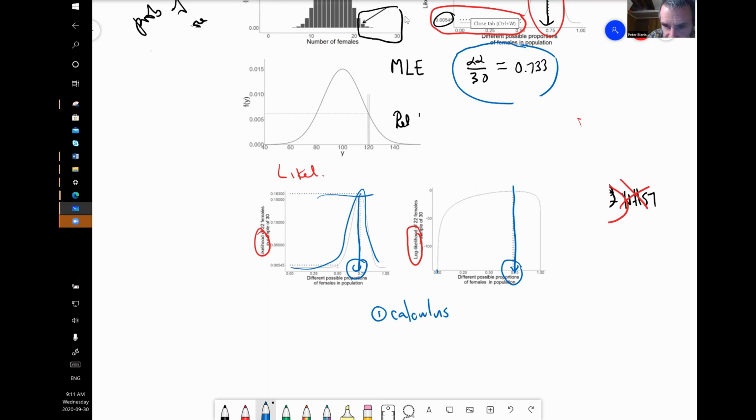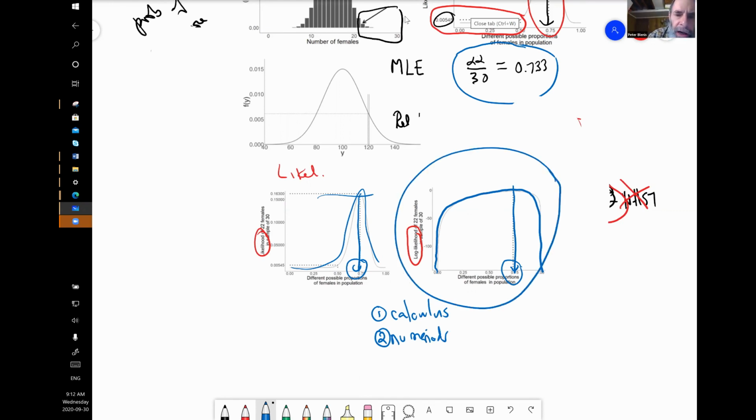So we actually find the mathematical function, get the first derivative, set that to 0, and find the maximizing value. The other way is just brute force numerical methods. Either way, it doesn't matter which way we use, log likelihoods are more often used than likelihoods. So when you go into 582 and 585, you're going to use log likelihoods as opposed to likelihoods.